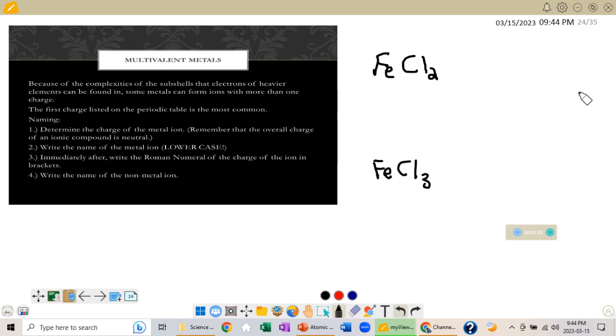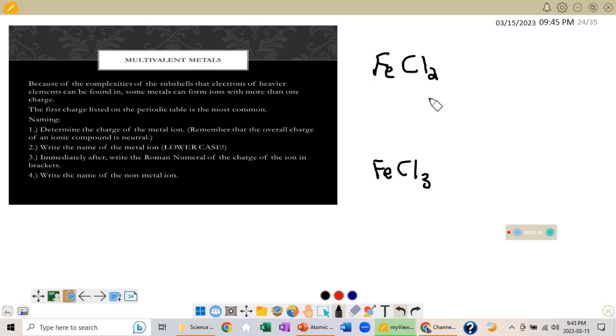All right. Now with both of these, we have iron, something. And when we look on our periodic table, we're going to find out that iron can be either 2+ or 3+. Even though one of those two is more common than the other, once we're given a formula, we don't care which one's more common.